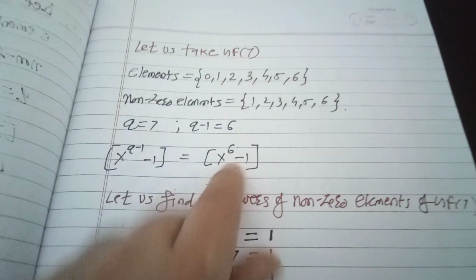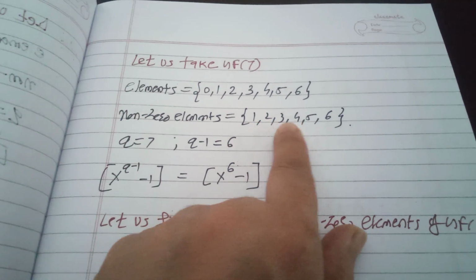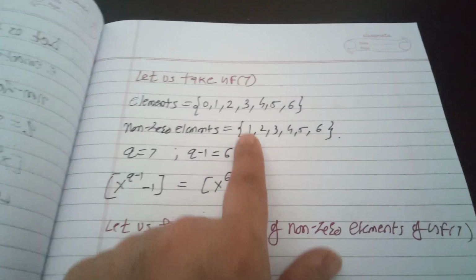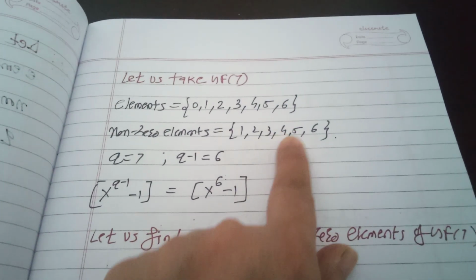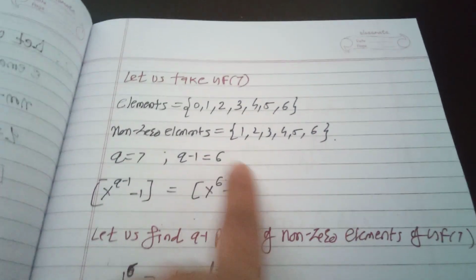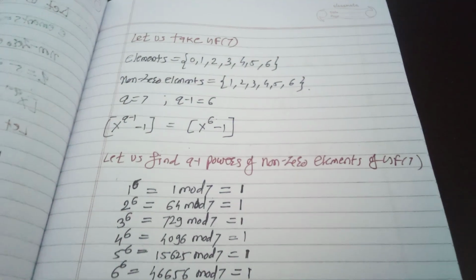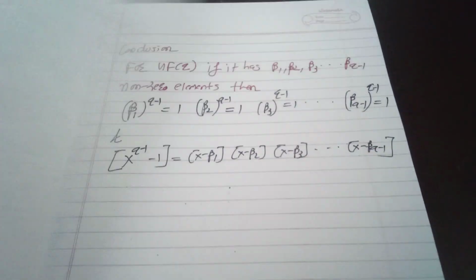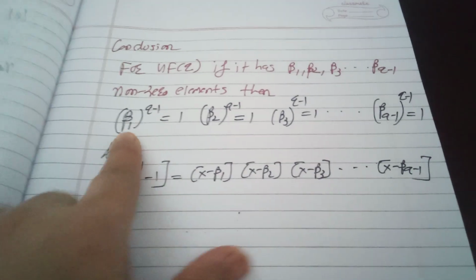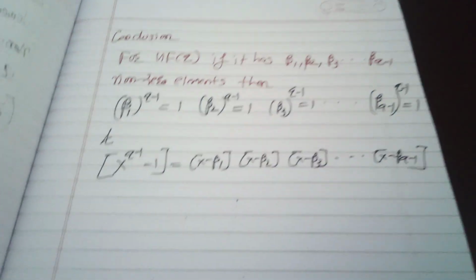So the same we have seen here for Galois field 7, non-zero elements 1, 2, 3, 4, 5, 6, that is beta 1, beta 2, beta 3, beta 4, beta 5, beta 6. Those raised to q minus 1, that is raised to 6, is equal to 1. So beta 1 and all the others raised to q minus 1 is equal to 1.